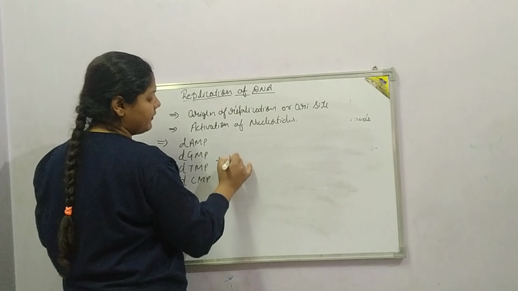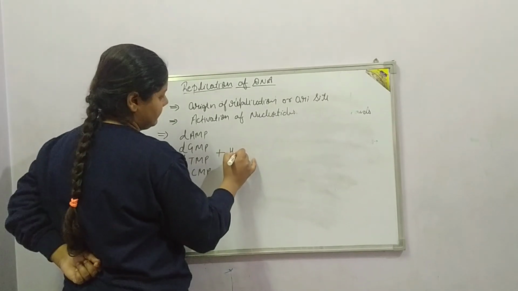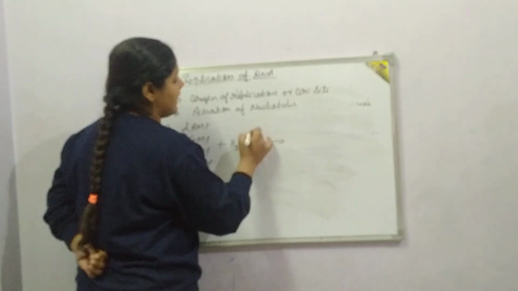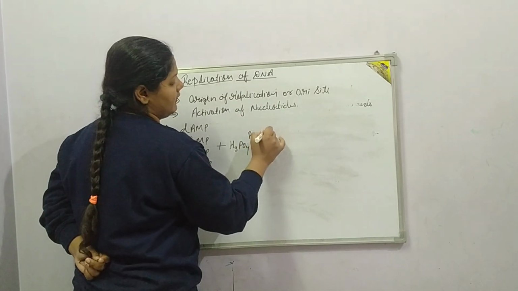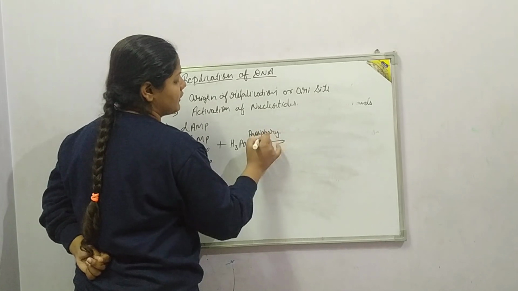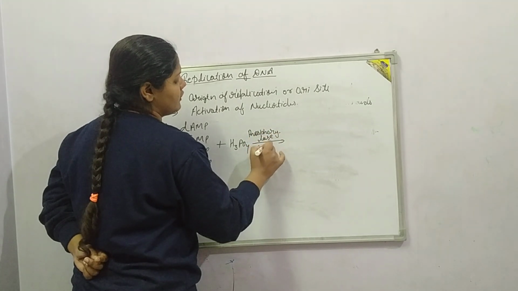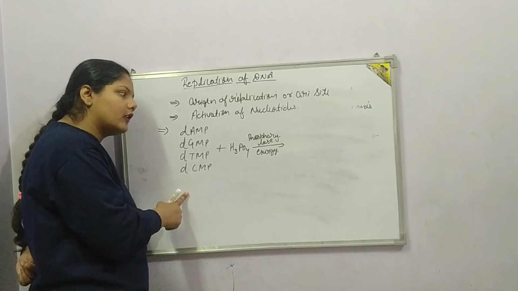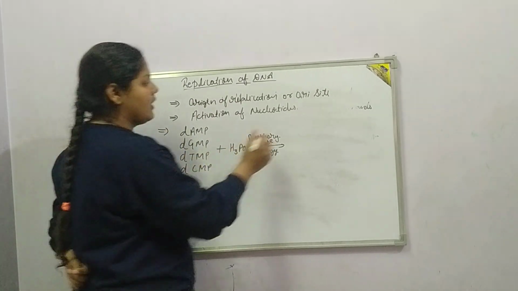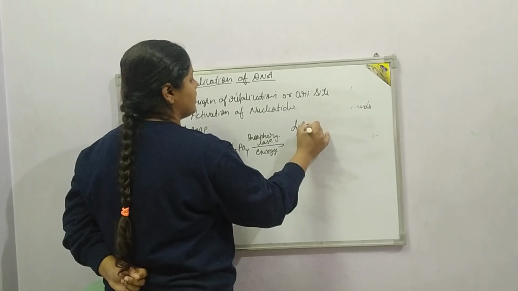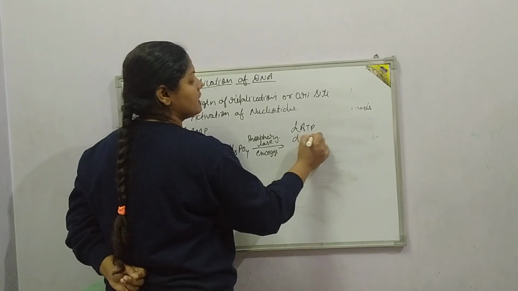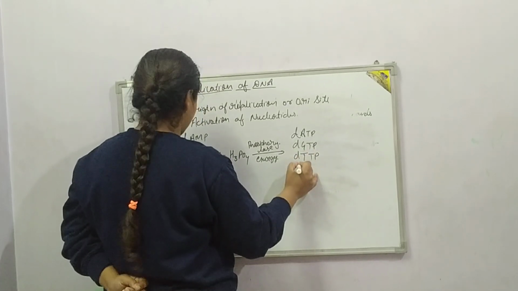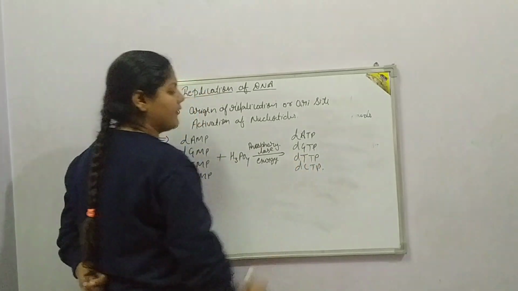With the help of phosphate and enzyme phosphorylase in presence of energy, these monophosphates are converted into triphosphate. Okay, so adenosine triphosphate, guanosine triphosphate, thymine triphosphate, and cytosine triphosphate.